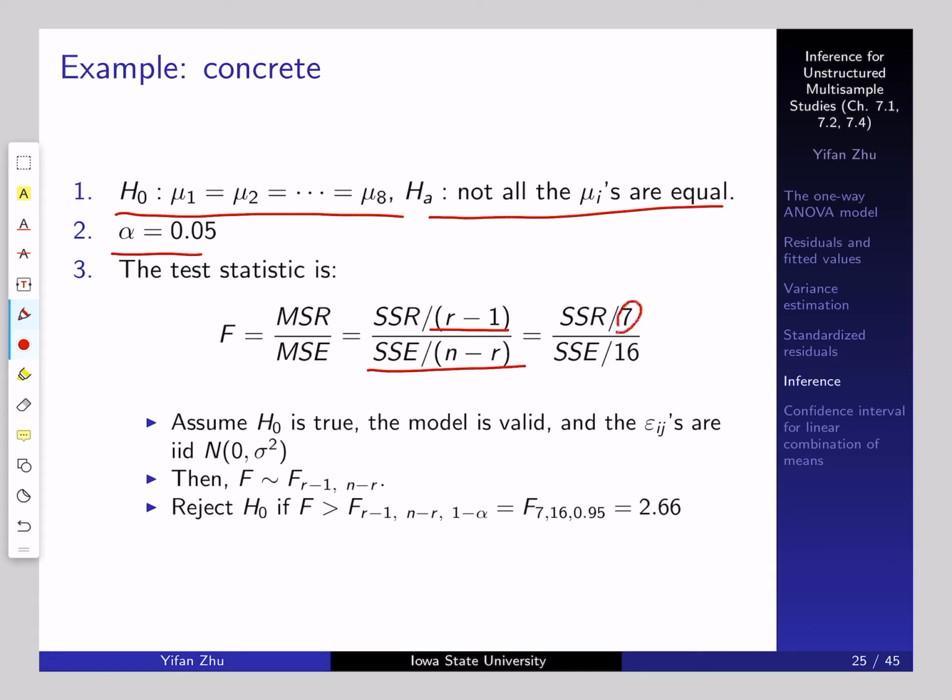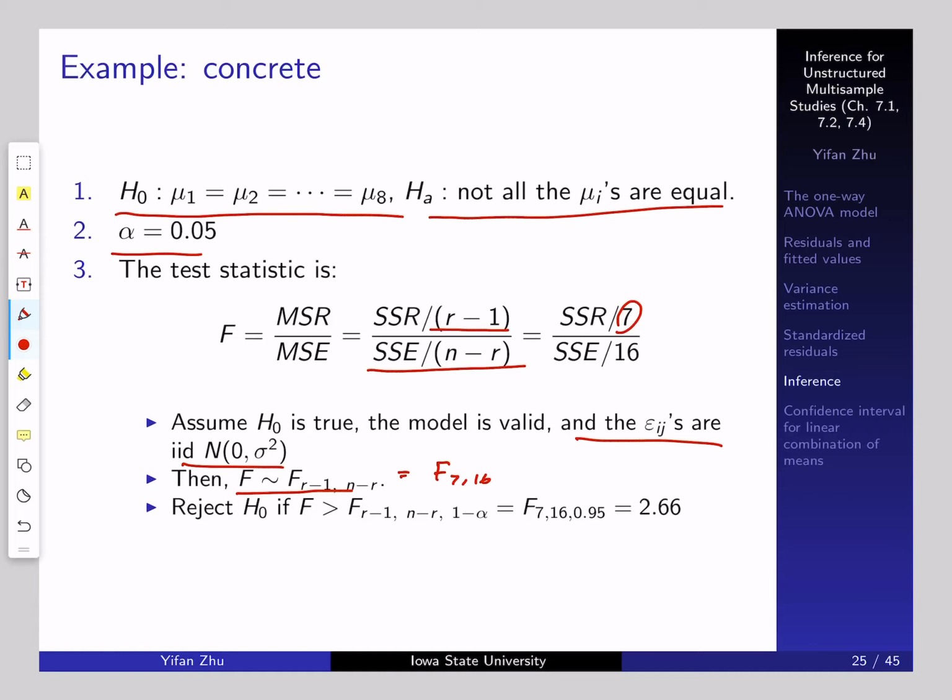And assuming that H0 is true and the model is true, the epsilon ij's are IID with mean 0 and variance sigma squared. Then the test statistic has an F distribution. In this case, it is F with R minus 1 equal to 7 and n minus R equal to 16 degrees of freedom.